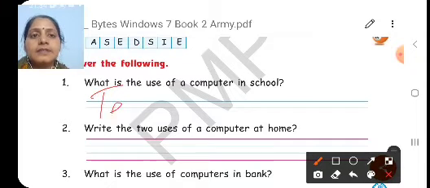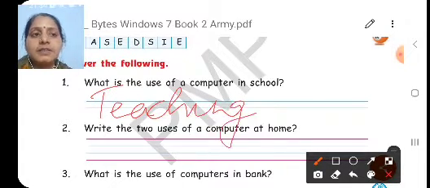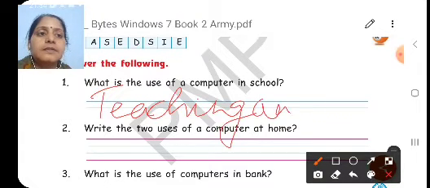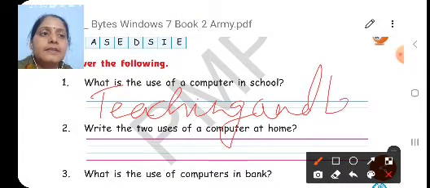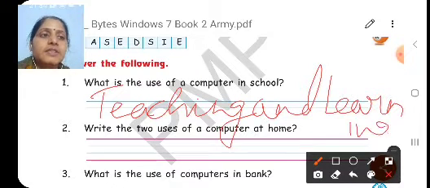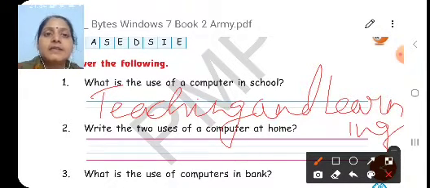TEACHING, teaching, and LEARNING, learning. In schools computers are used for teaching and learning.